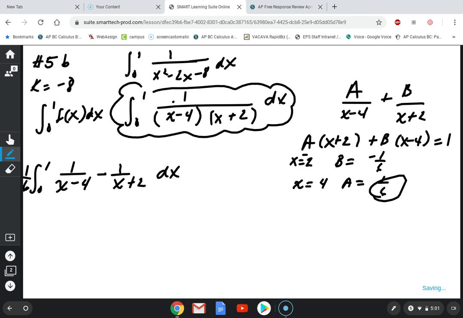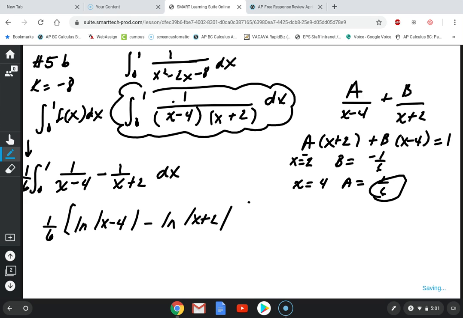Again, the 1/6 from the A and the B I put out front as a constant multiplier. So now I have 1/6. When I integrate, I have the natural log of x minus 4 minus the natural log of x plus 2.